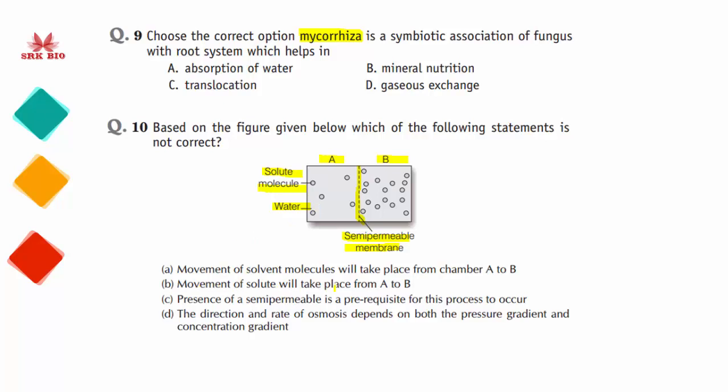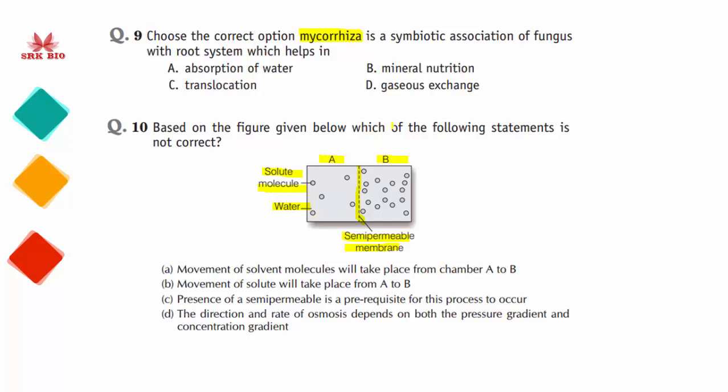Movement of solute will take place from A to B. Solute will not move through the semi-permeable membrane. Presence of semi-permeable membrane is prerequisite for the process to occur. For osmosis to happen, a semi-permeable membrane must be present. The direction and rate of the osmosis depends on both the pressure gradient and concentration gradient. 100%.